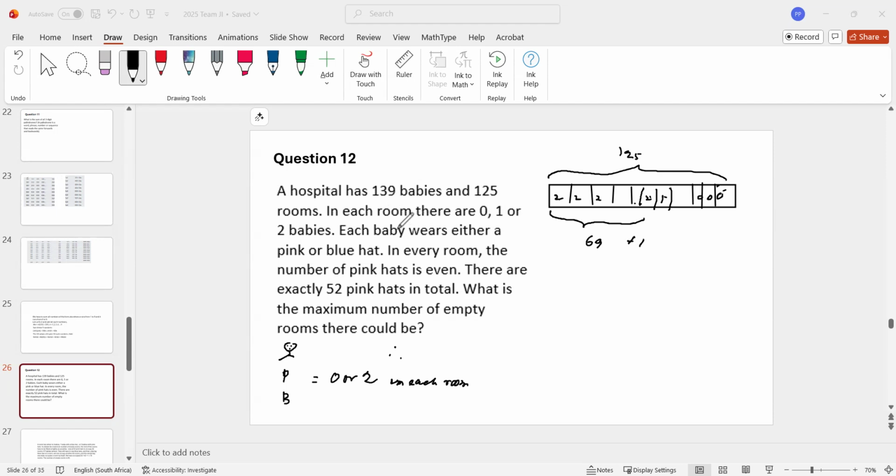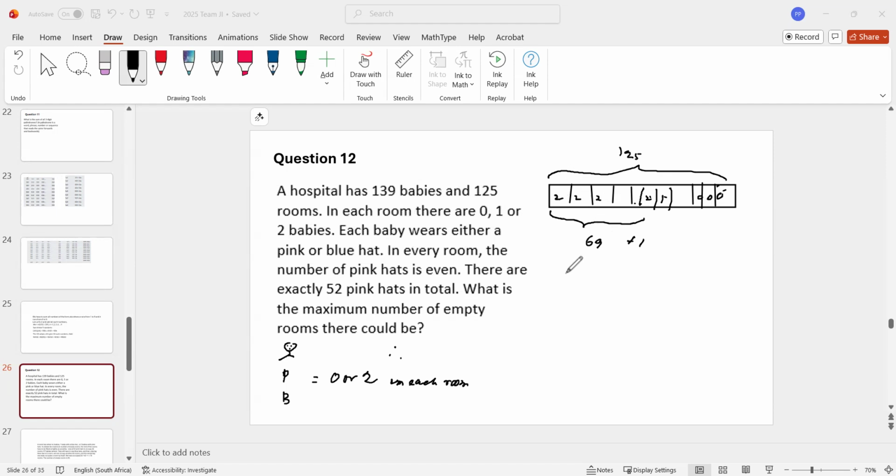But let's see what happens with the hats. Each baby wears either a pink or a blue hat. You could have only 52 pink hats.